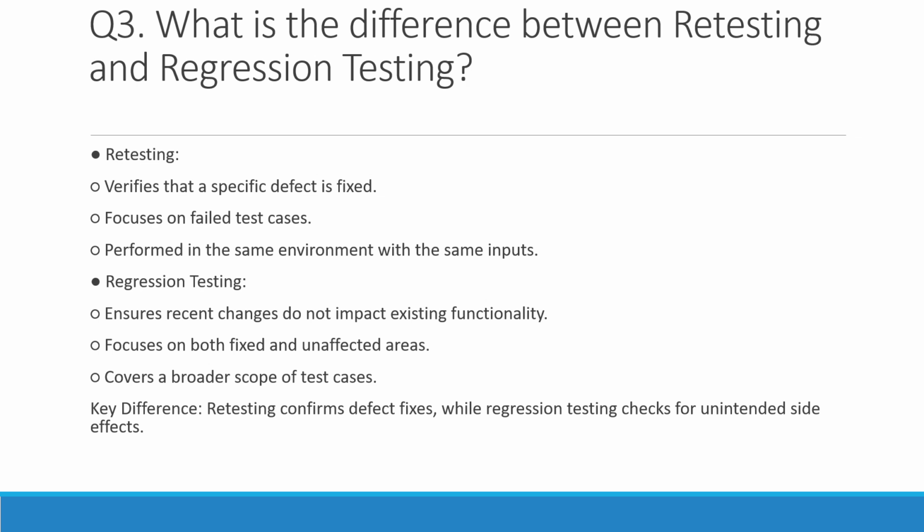This ensures that recent changes haven't negatively impacted existing functionality. It covers both fixed and unaffected areas and spans a broader scope of test cases. The key difference: retesting confirms defect fixes, while regression testing checks for unintended side effects.